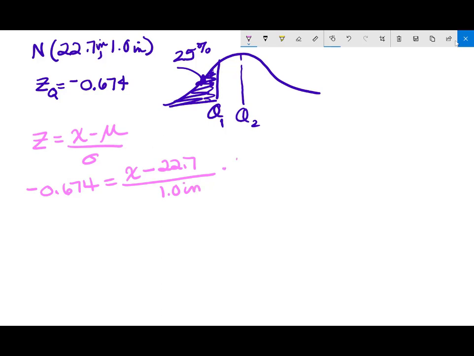I'm going to take both sides times 1. These cancel. That leaves me a negative 0.674 equals x minus 22.7. Well, what am I going to do? I'm going to add 22.7 to both sides.